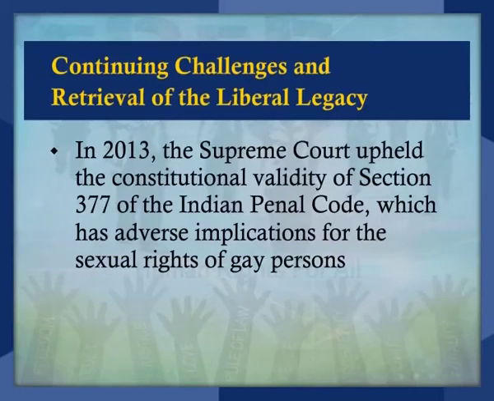The internal constraint stems from the occasionally illiberal stance taken by certain judges. Thus, in 2013, the Supreme Court upheld the constitutional validity of Section 377 of the Indian Penal Code, which has adverse implications for the sexual rights of gay persons.